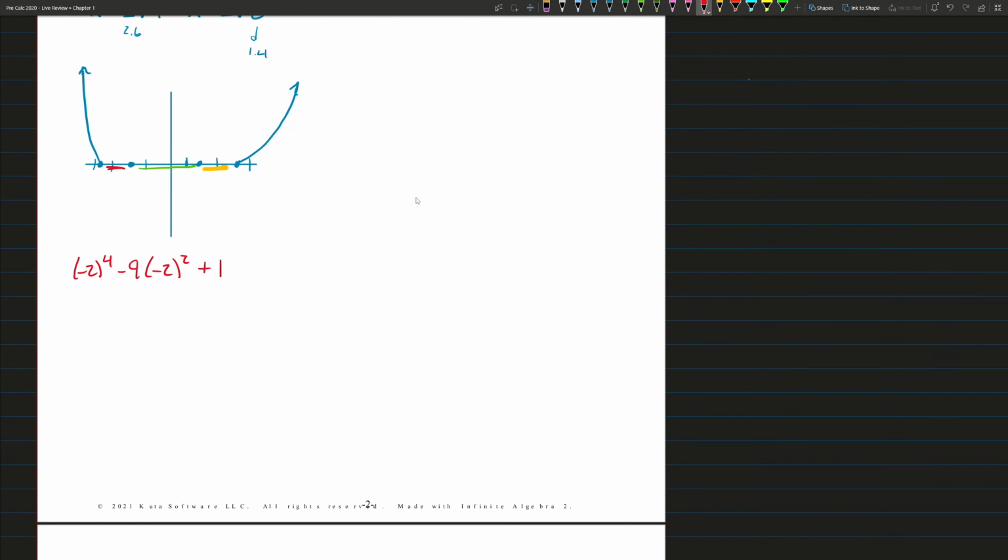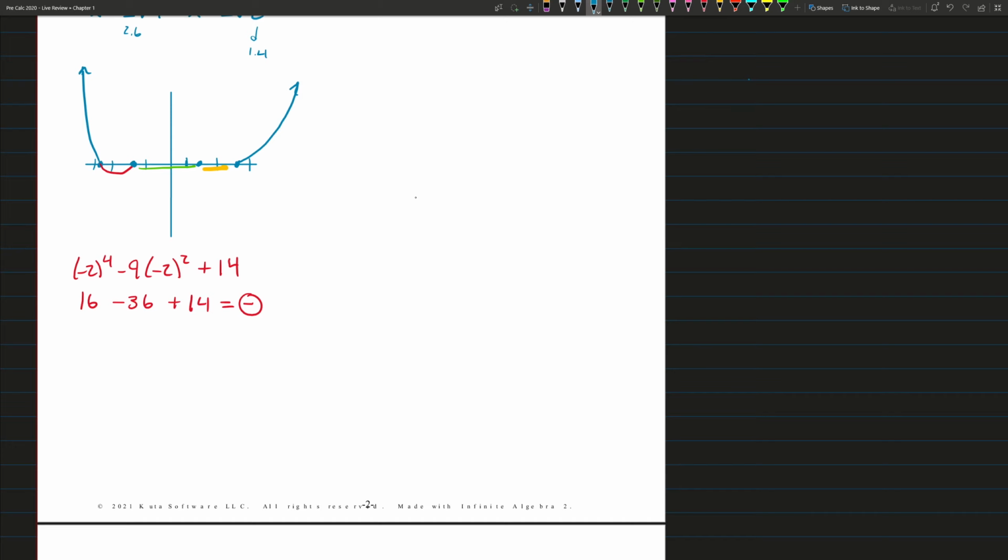What we're worried about here is the sign. Negative 2 to the 4th is positive 16. 2 squared is 4, times negative 9 is negative 36. Then plus 14. 16 plus 14 is 30. 30 minus 36 is going to be a negative number. So our graph is going to come down and then back up to that 0. So we get something that looks like that.